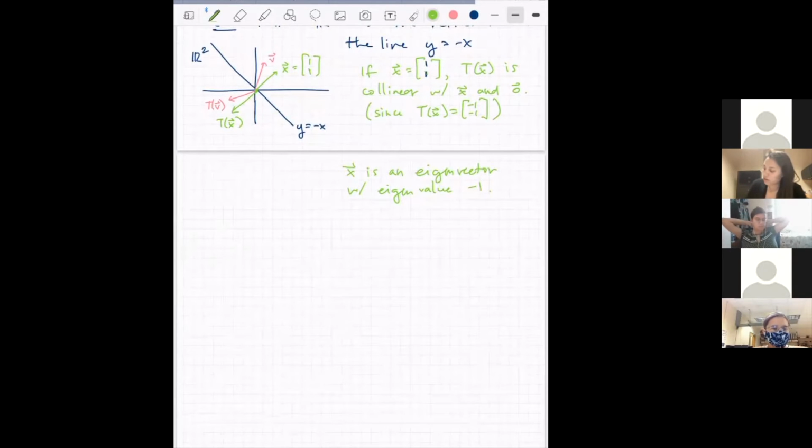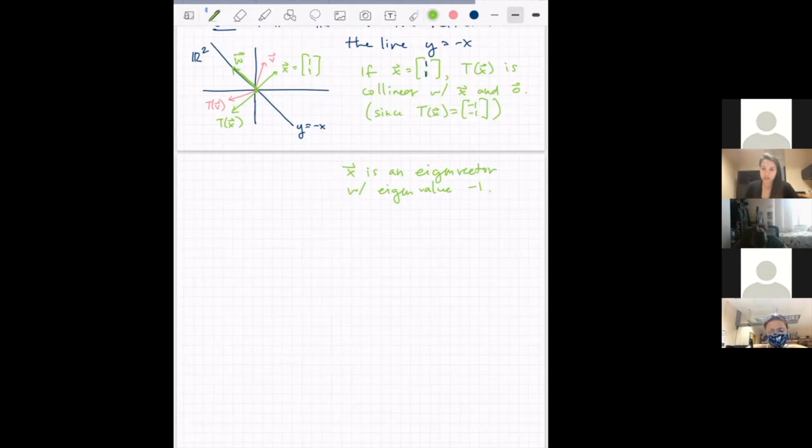Okay, so that is in one direction. The other direction that is sort of special is if you are exactly on the line, so say if we're focusing on this direction here, I'll just call this W. When you flip over the line, since it exactly lies on the line, it actually doesn't change at all, right? So reflection over the line for a vector that lies on the line is just the identity.